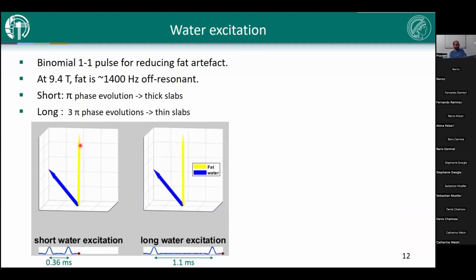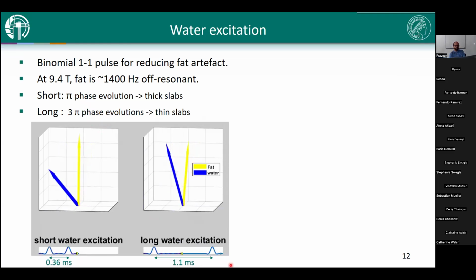So this very much depends on the off resonance of the fat. At 9.4, we have like 1.5 kilohertz fat off resonance. Therefore, the interpulse duration has to be 0.36 milliseconds, which is not enough for gradient switching. So we went for a 3 pi phase evolution, which gives 1 millisecond for us to switch our gradients for slab selection.